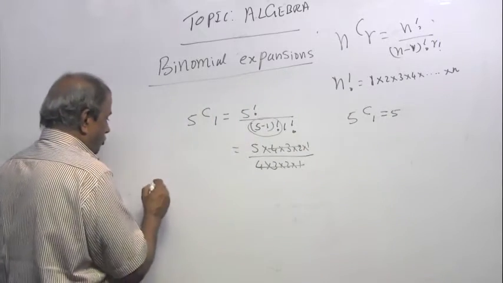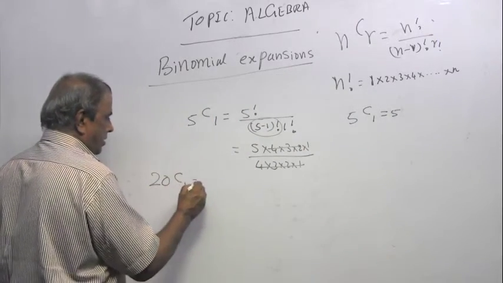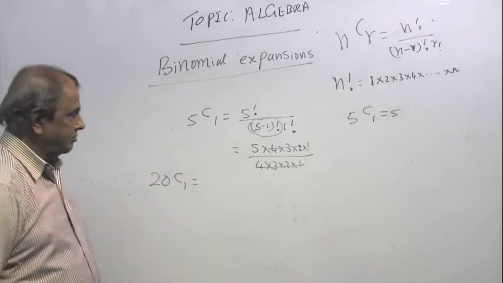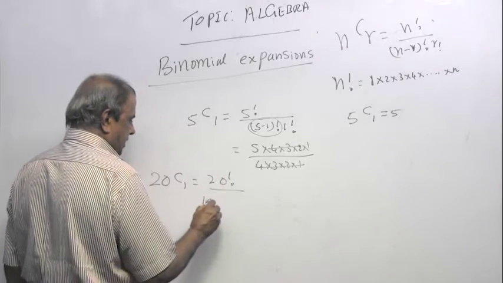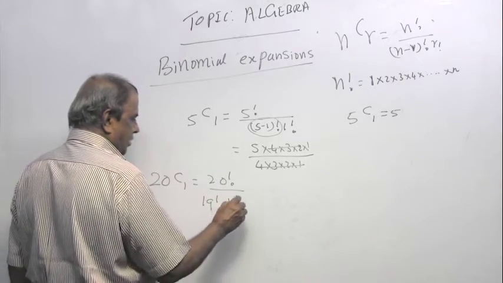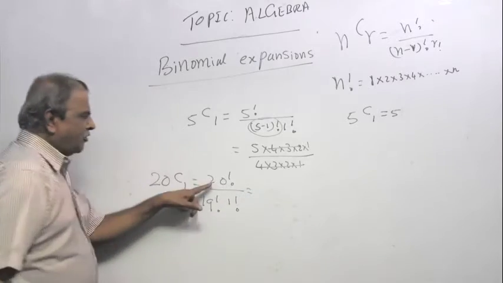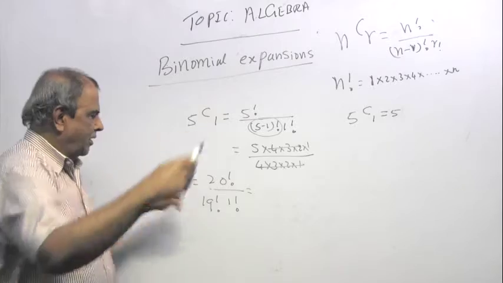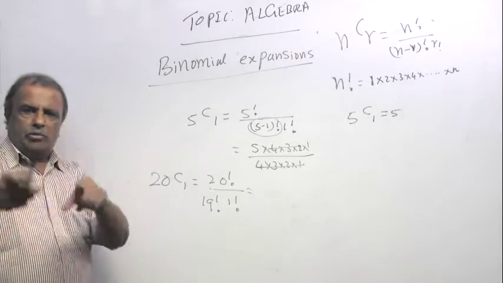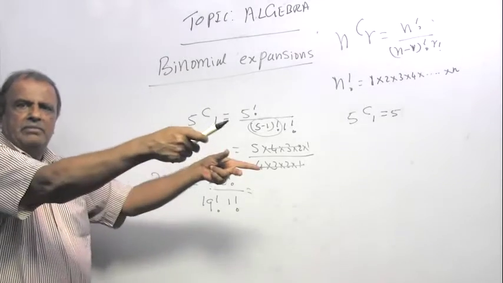Suppose I do 20C1. What is that? It will be 20 factorial over 19 factorial, 1 factorial. What is 20 factorial? 1 times 2 times 3 times 4 times 5 ... times 20. What is 19 factorial? 1 times 2 times 3 times 4 times 5 ... times 19.